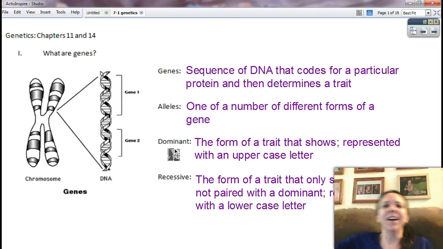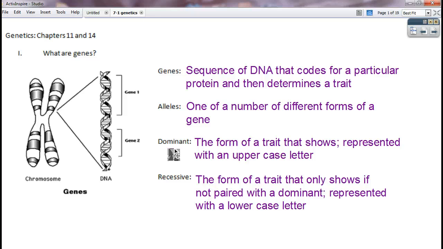No, okay. So if I get a dominant one or 2, doesn't matter, I'm going to show that trait. Like having earlobes that are free and not attached to the side of your head, that is a dominant trait. Now a recessive trait is one that only shows up if there's not a dominant one around. So a recessive trait will show if it's paired with another recessive. So if I get the recessive form, attached earlobes, from mom and the recessive form from dad, well then I'm going to show recessive earlobes.